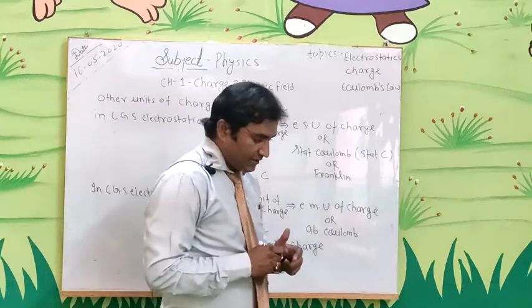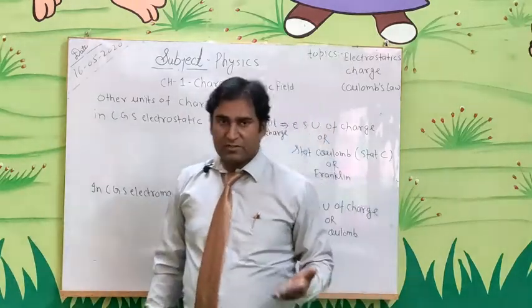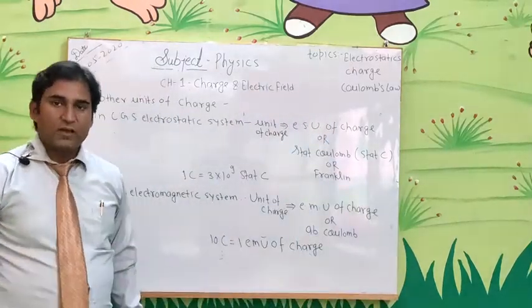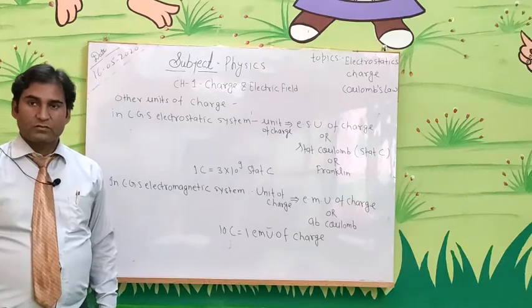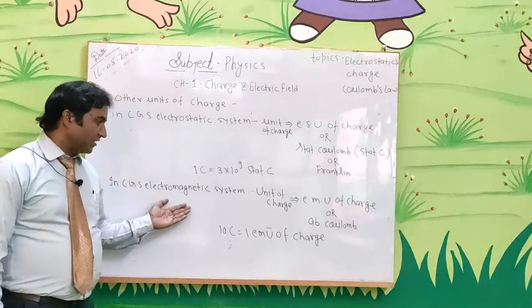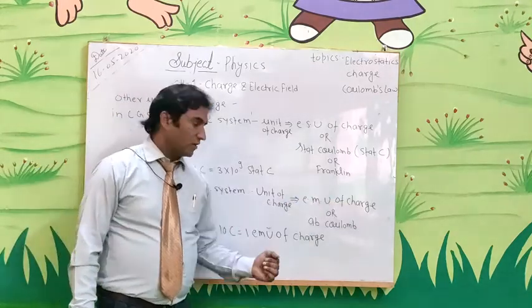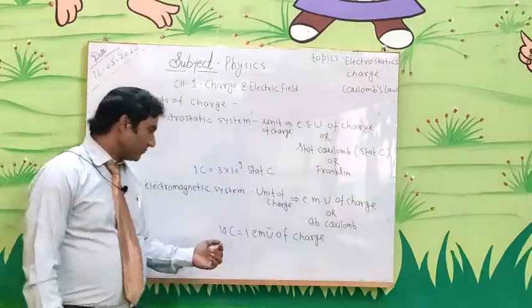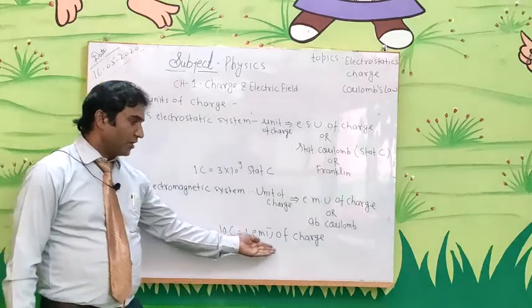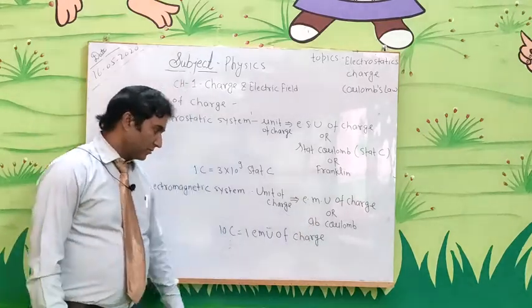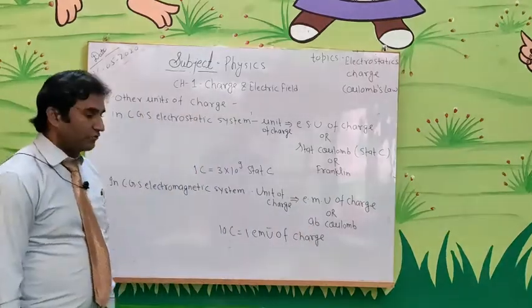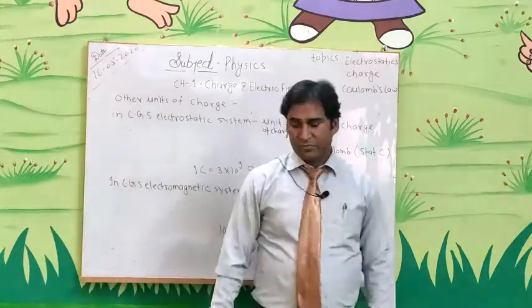As we know, there are two types of charge. As you have seen, in the electromagnetic system the unit of charge is the EMU of charge or abcoulomb, and 10 coulomb equals 1 EMU of charge. So we have seen the two different units in the CGS system.